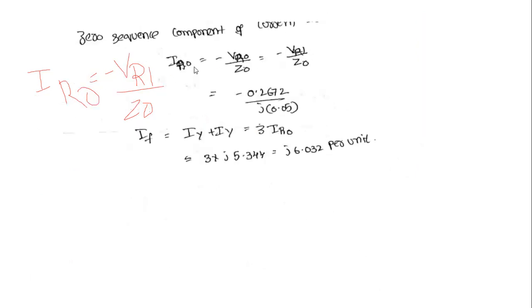VR1 is equal to 0.2672, so minus VR1 is minus 0.2672.